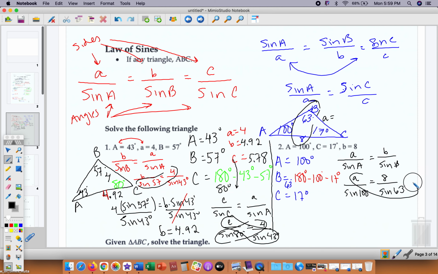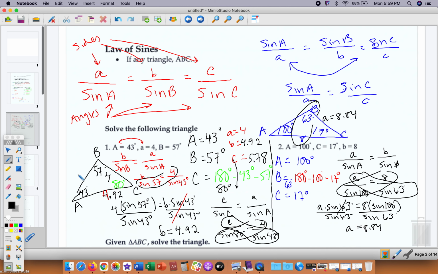We're going to cross multiply. So we'll have a times the sine of 63 degrees is equal to 8 times the sine of 100 degrees, and we divide by sine of 63 degrees. So little a is equal to about 8.84. So we'll put that up here.